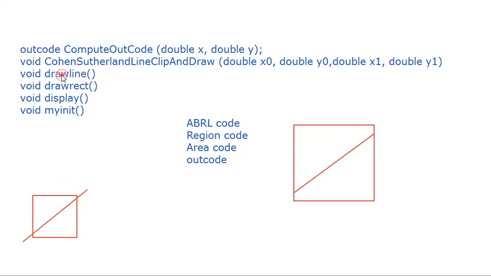After this function, we'll go to draw rectangle. Draw rectangle is to draw this rectangle, using this function, where you will have 4 points: this one, this one, this one, and this one.